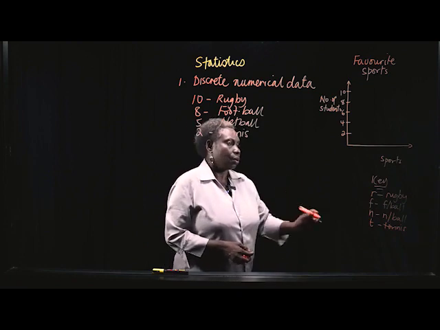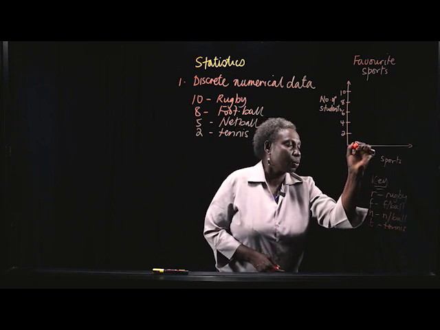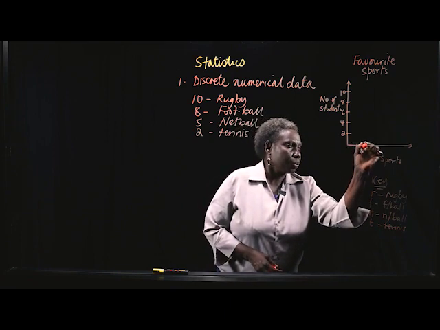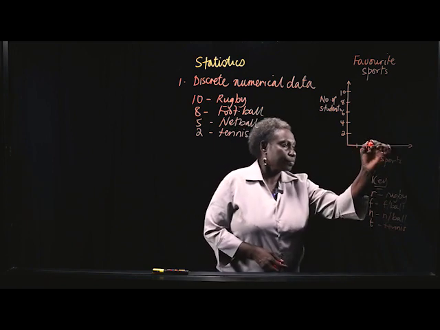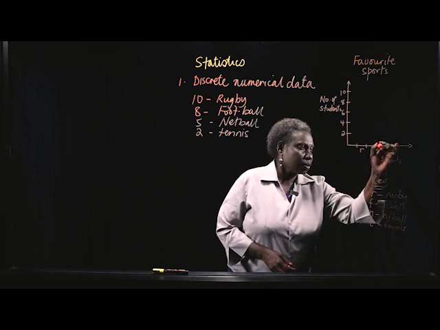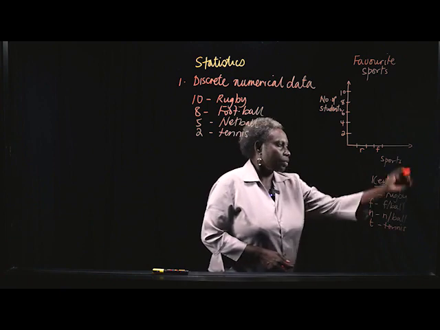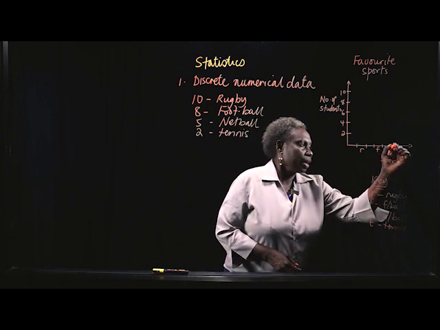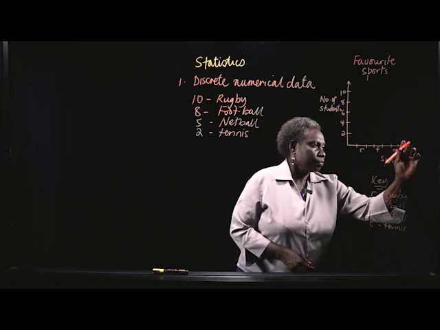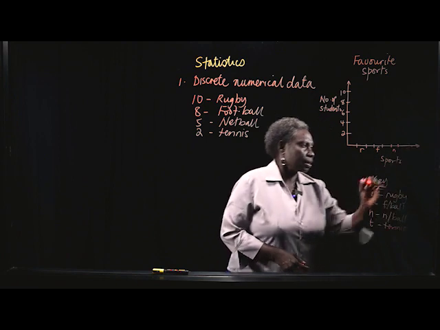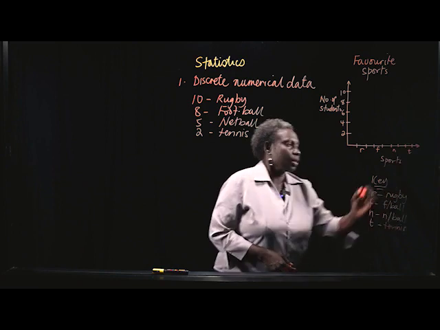With a bar graph, there is always a space in between. So, we have R for rugby, space in between, F for football, space in between, N for netball, extend this line, and space in between, and T for tennis.